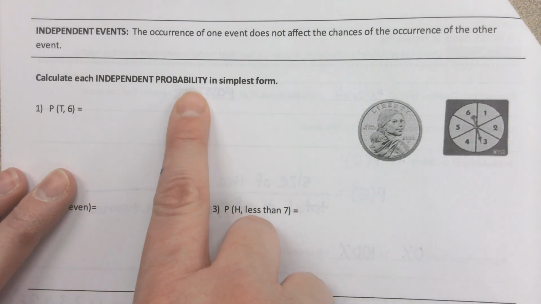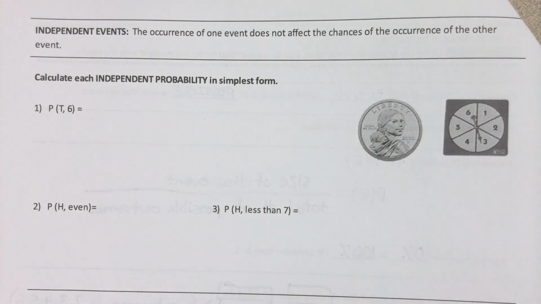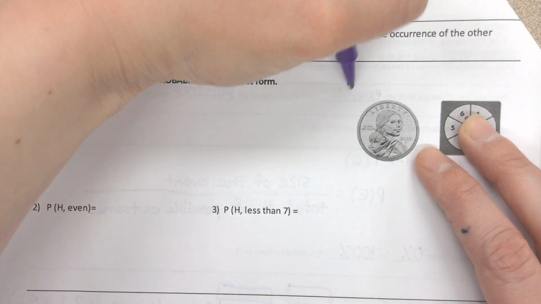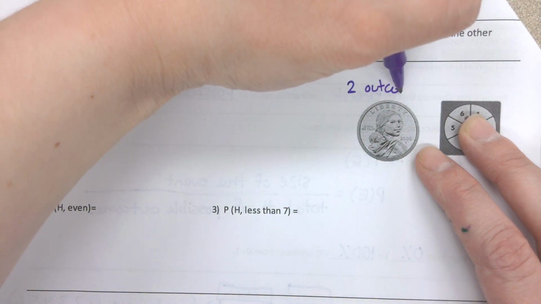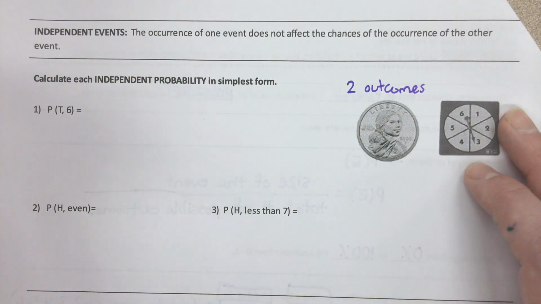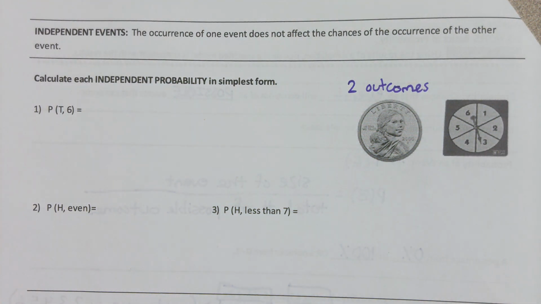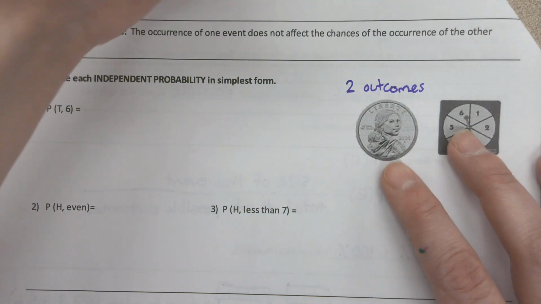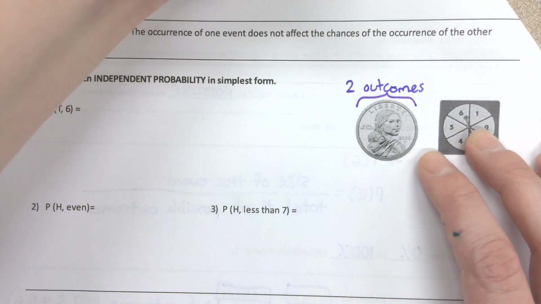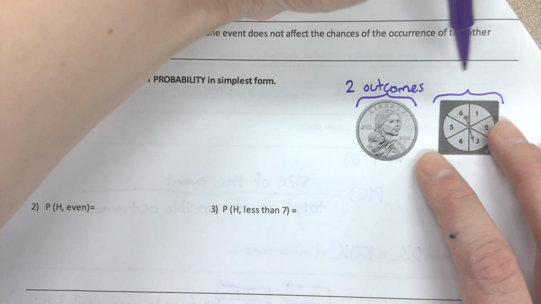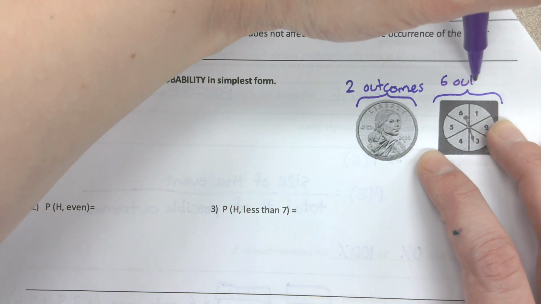Calculate each independent probability in simplest form. First we have the coin. That's 2 outcomes, heads and tails. And then we have the spinner. That's 6 outcomes.